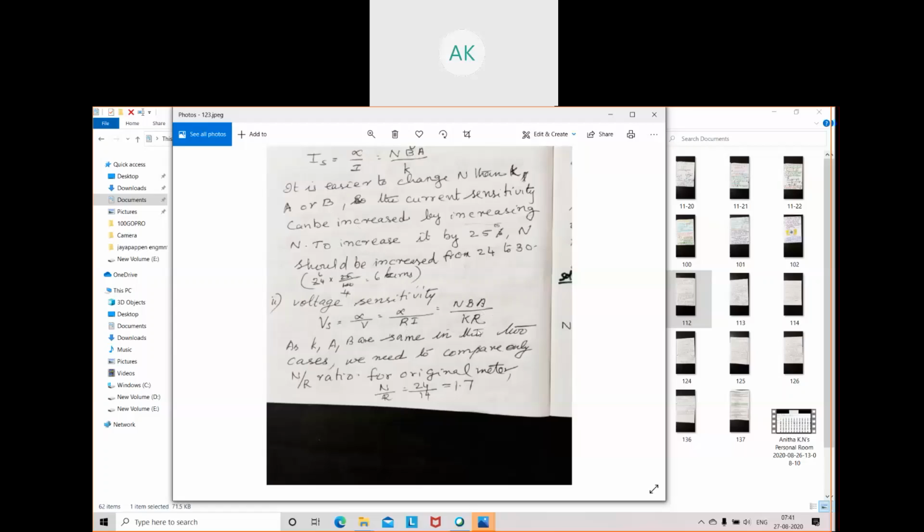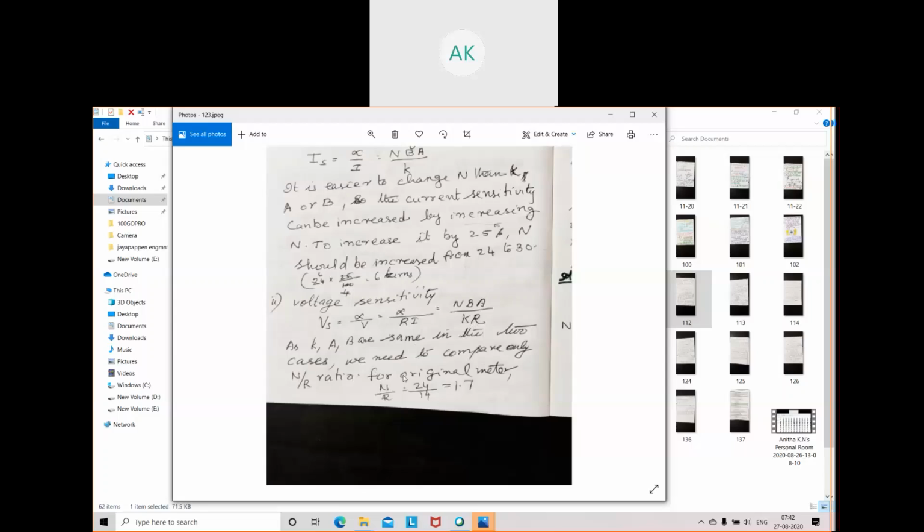Here K, A, B are the same in the two cases, so we need to compare only N by R. We have changed only N and R.